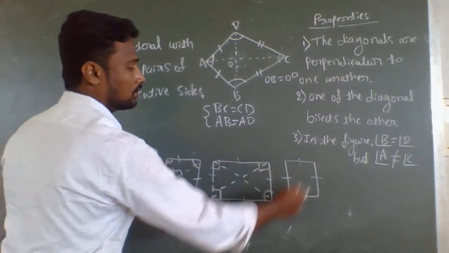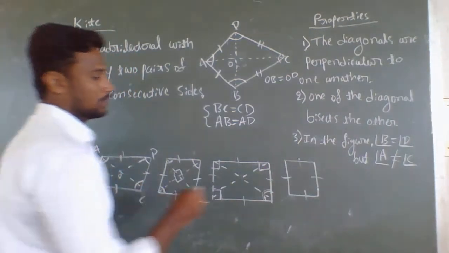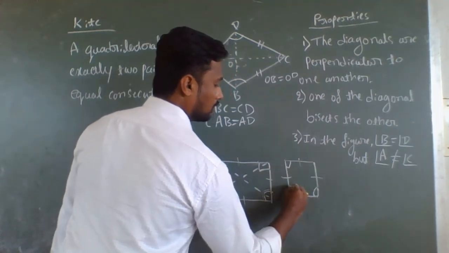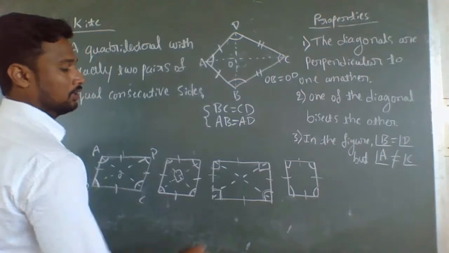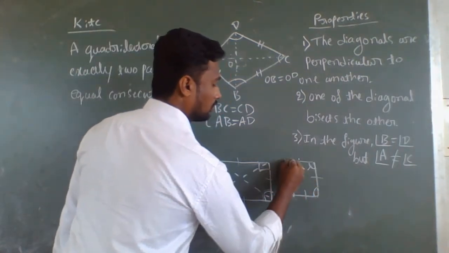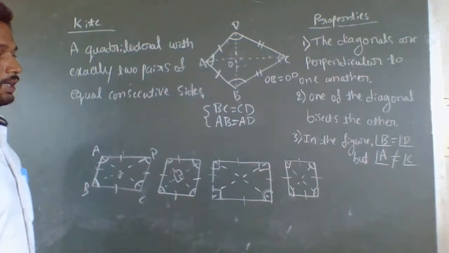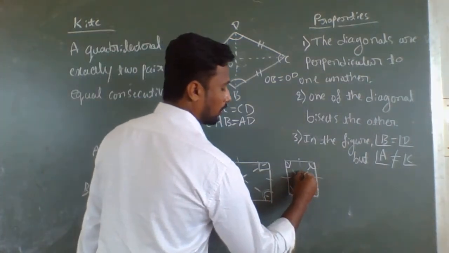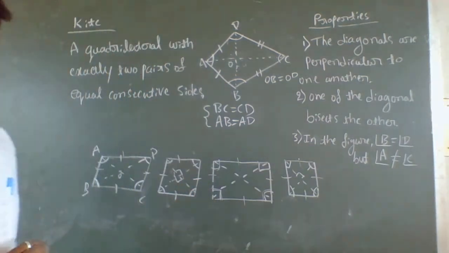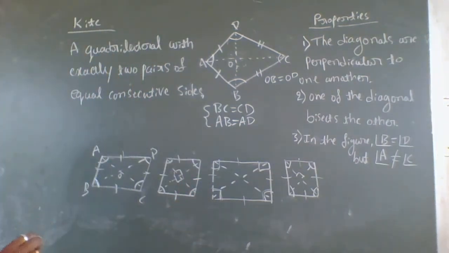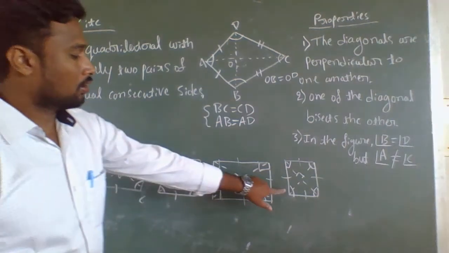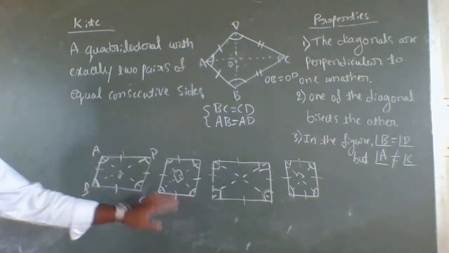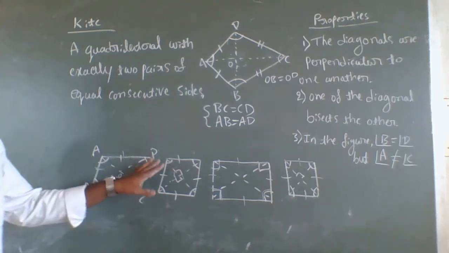Again, opposite angles are equal, diagonals bisect one another, and one diagonal is perpendicular to the other. All the angles are right angles, 90 degrees. So these are the properties of the first four quadrilaterals.